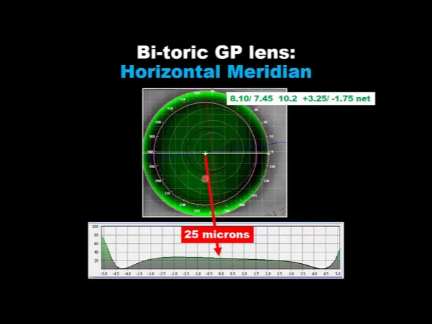Now you notice with the bi-toric lens, we have that similar pattern along the horizontal meridian. Edge lift at 9 o'clock, landing at 9 o'clock. Apical clearance of about 20 microns, landing at 3 o'clock, and edge lift. Same as what we had in the symmetric.